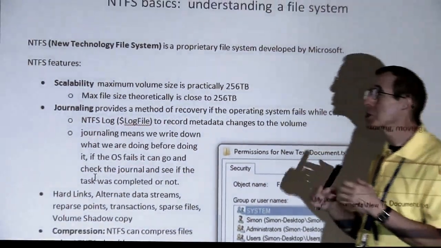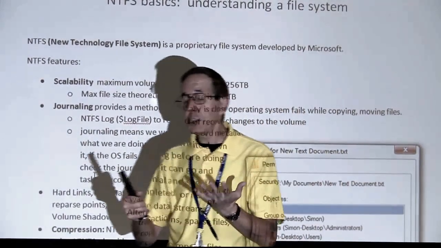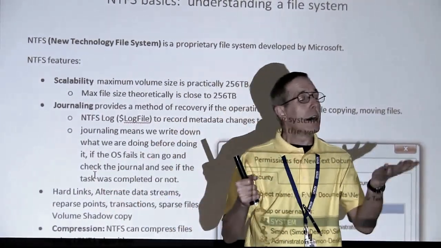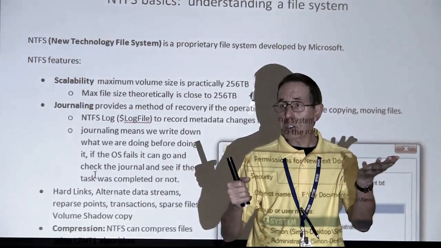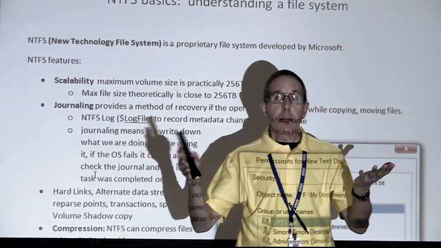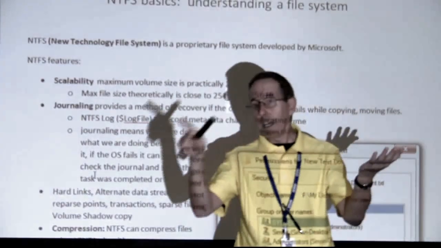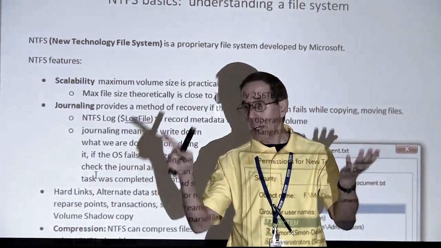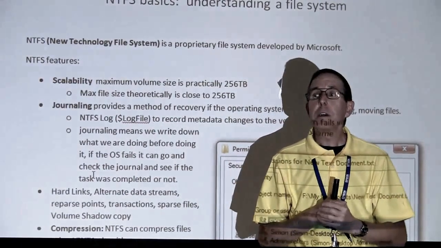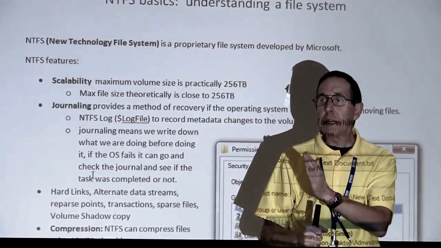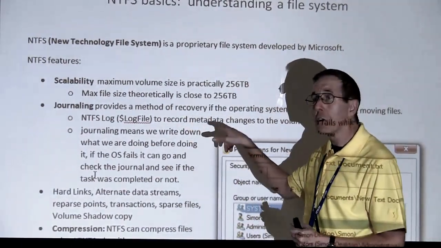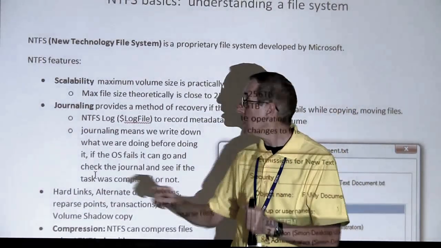For example, what does journaling mean? Let's say that Shelton is going to copy a file from one hard disk to another. He selects the file and chooses the copy command. He points to the destination and says, go ahead and copy it. Before the copy begins, a journal entry is made in this log file.